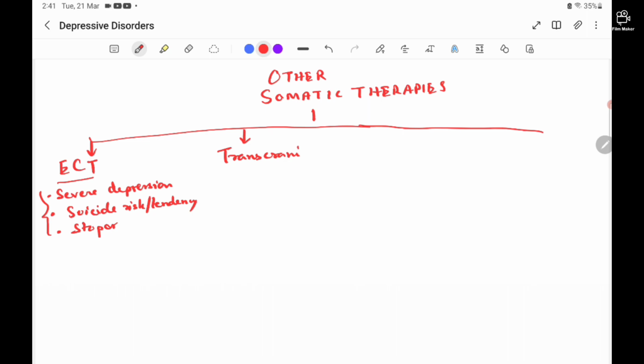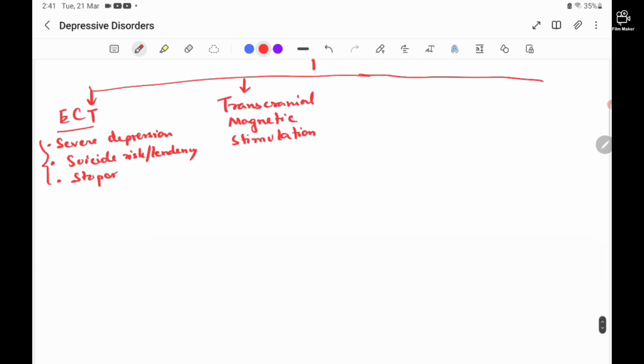Transcranial magnetic stimulation. Now, magnetic waves are used to stimulate the neurons.